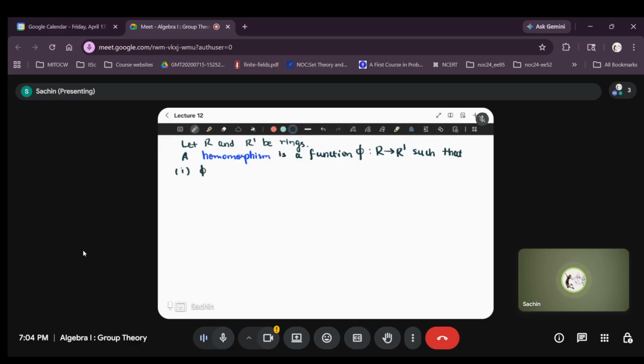So it should hold for both the addition and multiplication operation. Phi of A plus B must be equal to phi of A plus phi of B for all A, B in R. Phi of A into B must be equal to phi of A into phi of B. Where on the LHS A into B is the into operation in the ring R. But on the RHS, phi of A into phi of B is the into operation in the ring R prime.